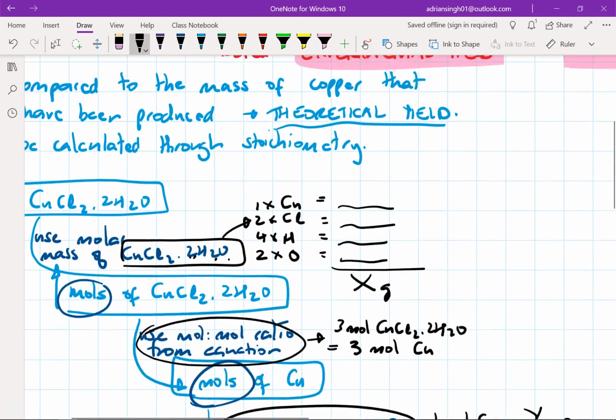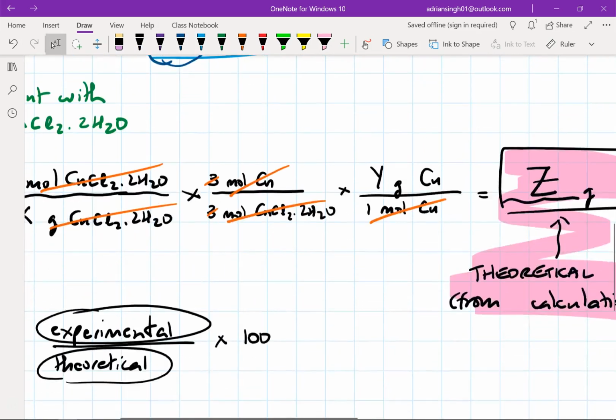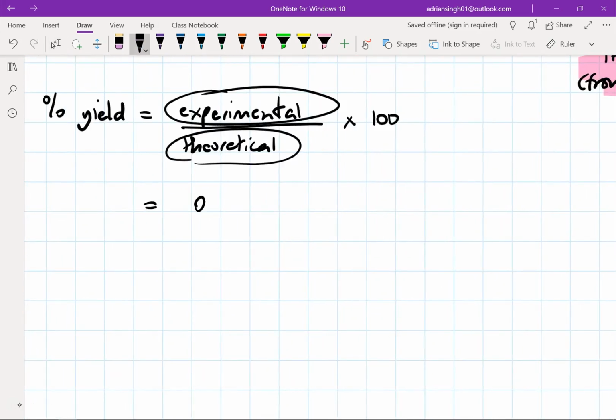So we said, for example, that our experimental was 0.79 and our theoretical was 0.95, times 100, and the grams cancel. You plug that into your calculator, and you end up with 83% yield.